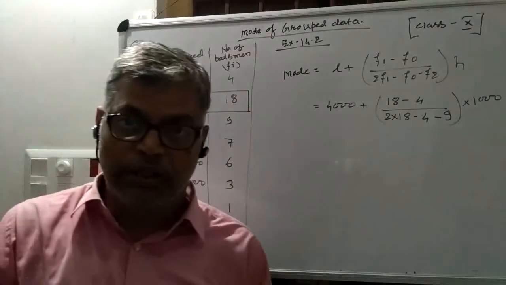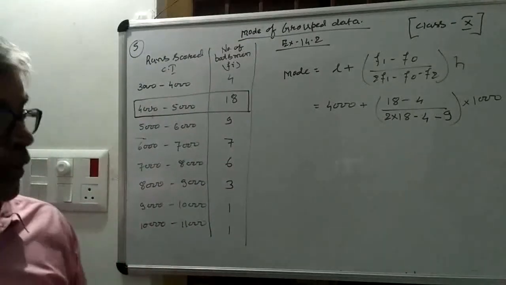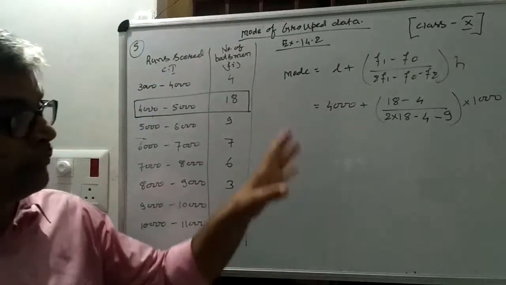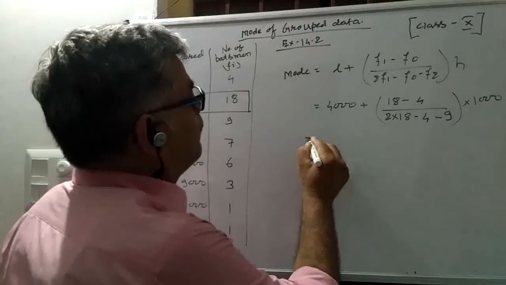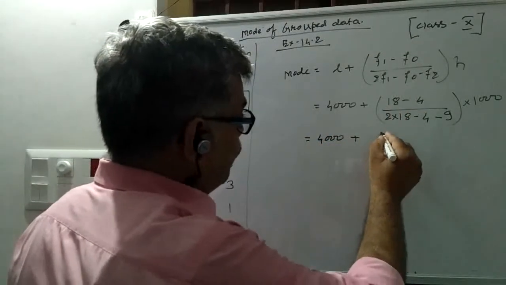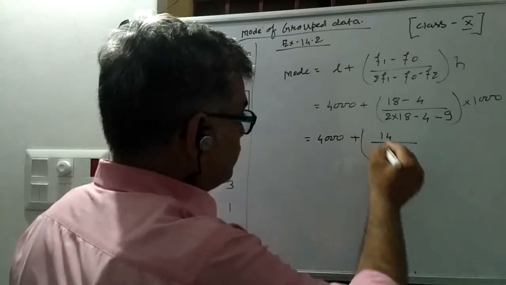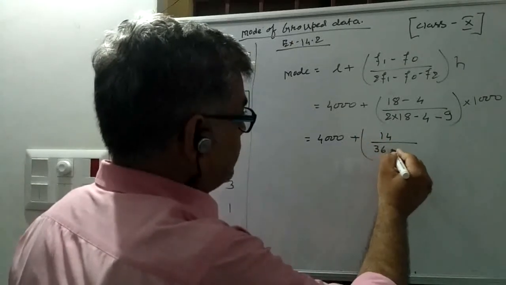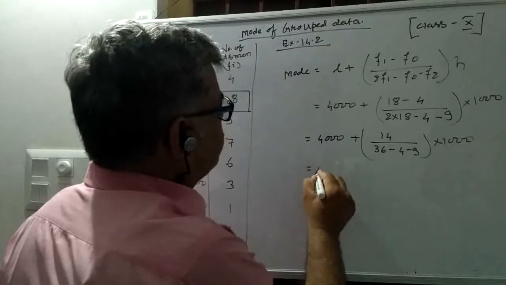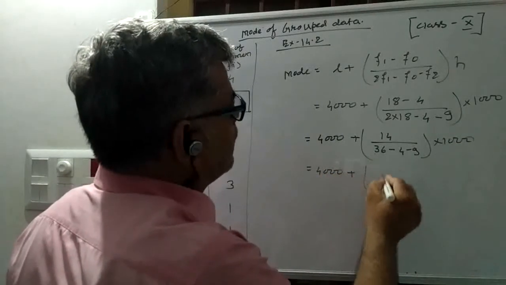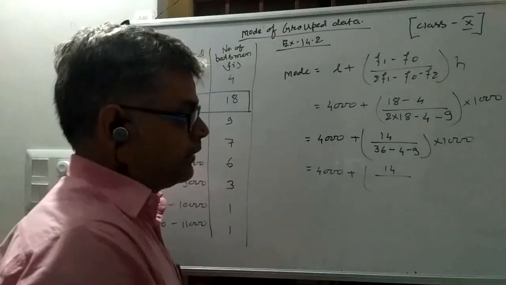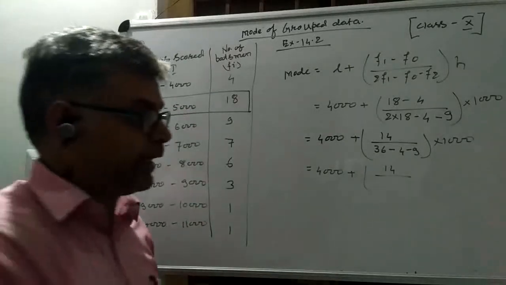Now we put all the values required to calculate mode in the formula, and then just simplify it. It will become 4,000 plus 18 minus 4, which is 14, by 2 into 18, 36, minus 4 minus 9, into 1000. After simplifying, we have 4,000 plus 14 by 36 minus 13, since minus 9 minus 4 is minus 13.